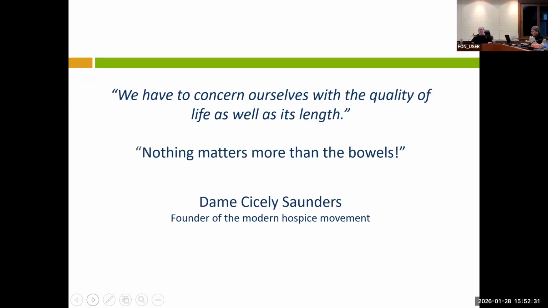Dame Cicely Saunders, the founder of the modern hospice movement, says we have to concern ourselves with the quality of life as well as the length. And if we're worried about quality of life, nothing matters more than the bowels.